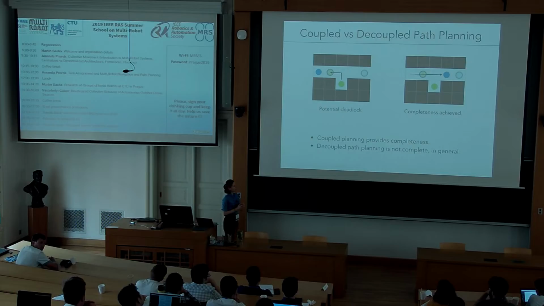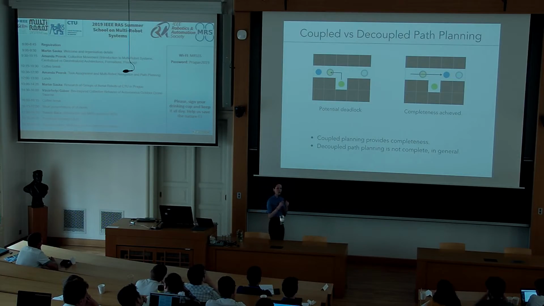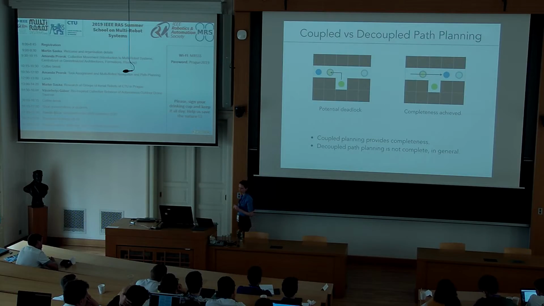Now, if you would model the system in a coupled manner, you would know that the green robot has to do this type of trajectory, the blue robot has to do that type of trajectory, and because it's a coupled state space, and you're treating it essentially as one robot with one higher order goal, the algorithm that you're going to use to solve this problem knows that the blue robot has to move before the green robot does. And that is one way you can achieve completeness.